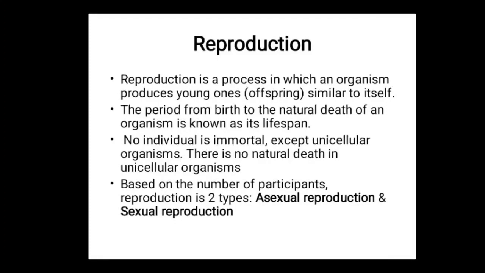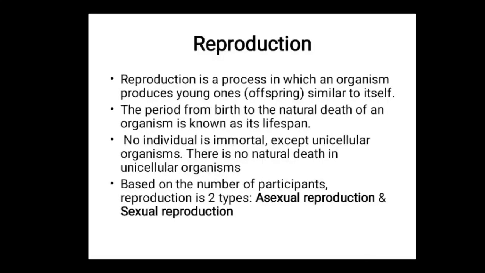The types of reproduction, based on the number of participants: reproduction is of two types. One is asexual reproduction and another is sexual reproduction. In asexual reproduction, there is a single participant. There is no need for a partner.